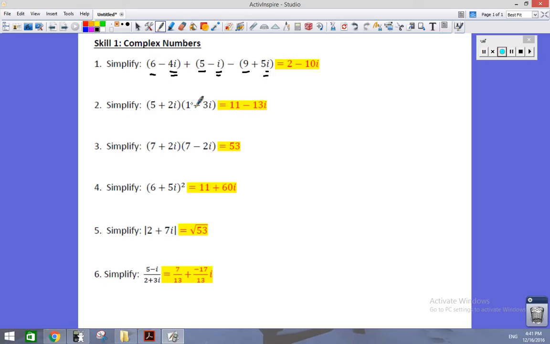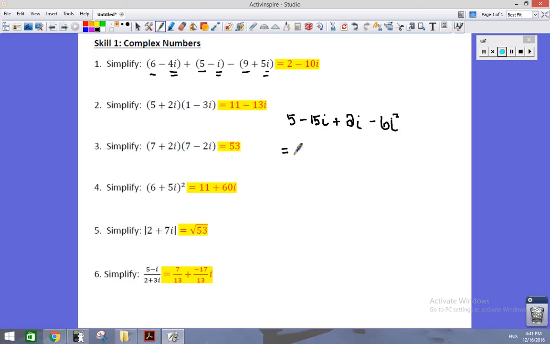When you're multiplying binomials together, you can either form a table or FOIL or however you like. If I distribute the 5 through both of those, I've got 5 minus 15i. If I distribute the 2 through both terms, I've got 2i minus 6i squared.